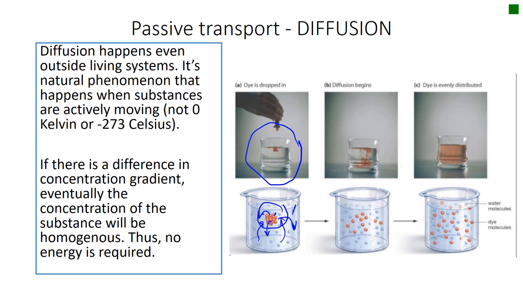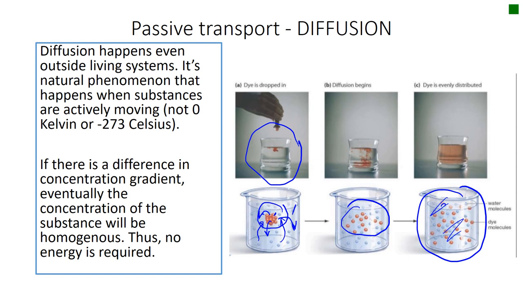After time, as you can see, the water molecules and the food coloring start to mingle. The same thing also happens after more time. More and more of the food coloring mixes with the water, and eventually it will create a homogeneous solution.